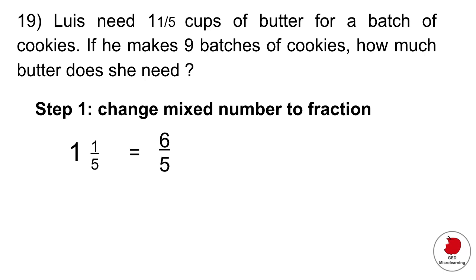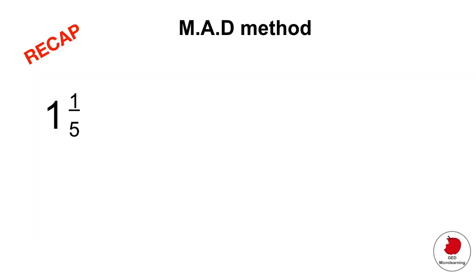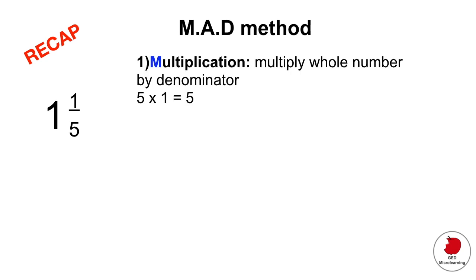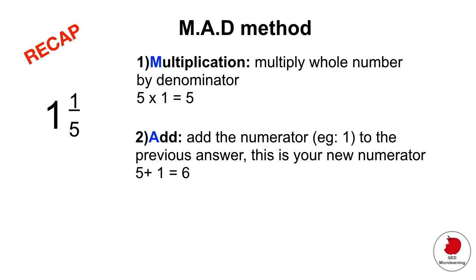Let me show you how I did this. I use what is known as the MAD method, where M stands for multiplication. So you multiply the whole number by the denominator. So 1 times 5, which is equal to 5. The A of the MAD method is add. So you're going to add the numerator, in this case it's 1, to the answer that you got before.